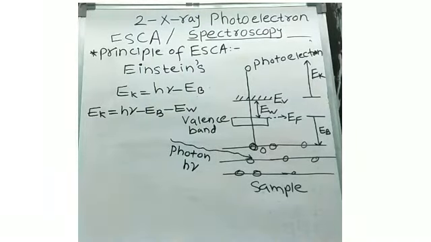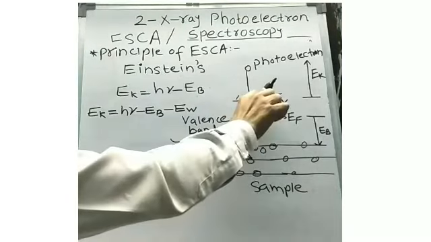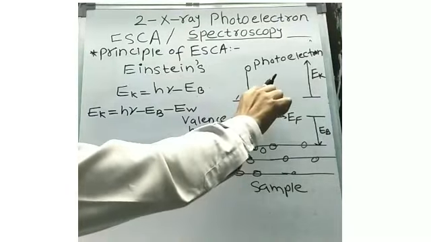This figure shows that if h nu is less than EW, meaning this EW is larger than the energy of this photon, then no photoemission occurs.